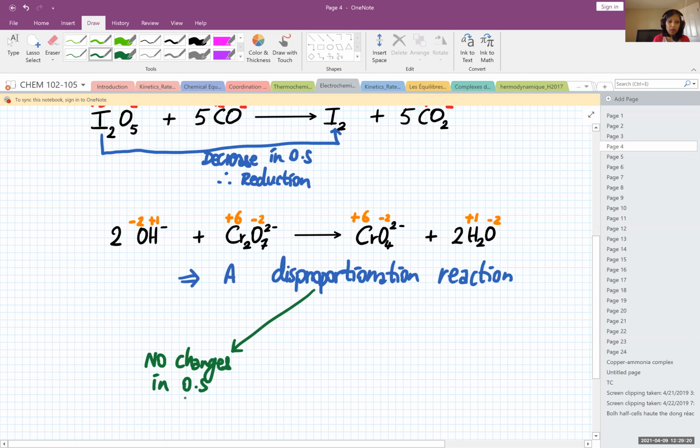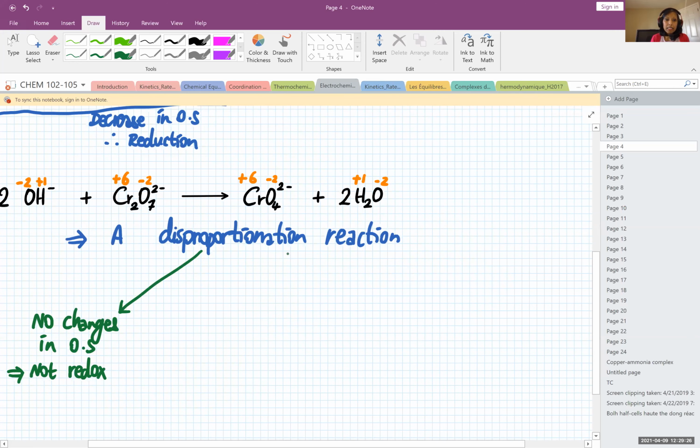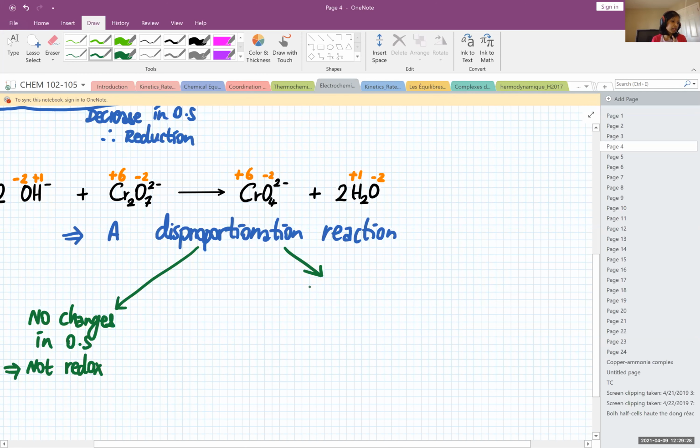Okay, so it is not a redox. The second type of disproportionation reaction is one where we see an element undergoing a change in its oxidation state, but the same element, that one element, will see an increase in its oxidation state as well as a decrease. So both happen in the same equation.